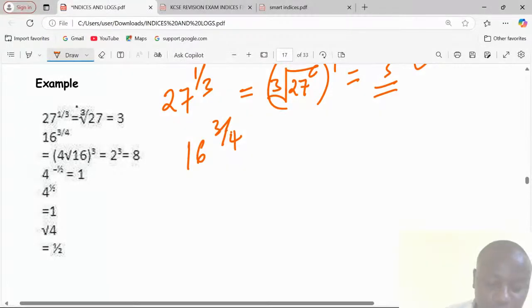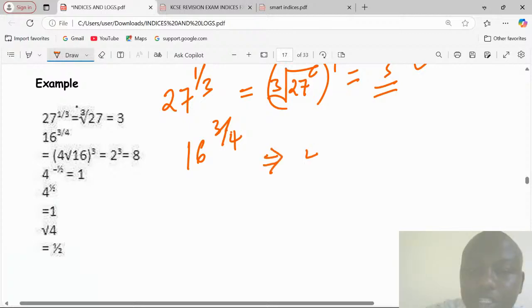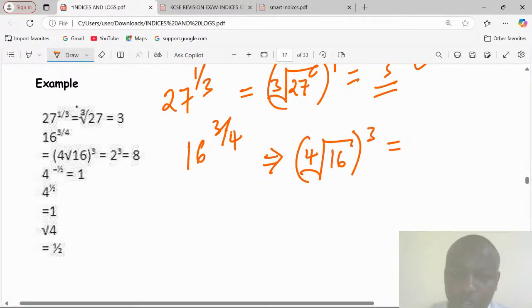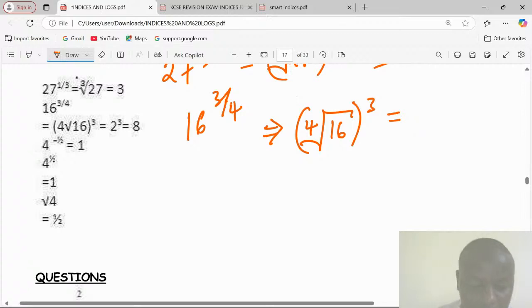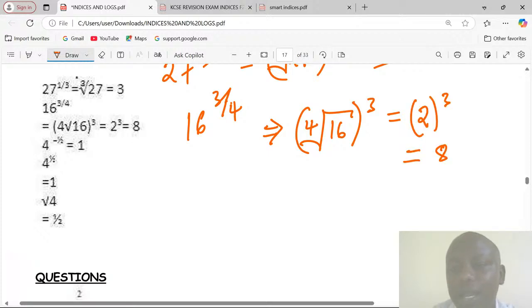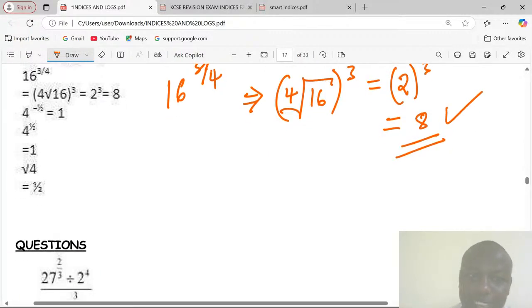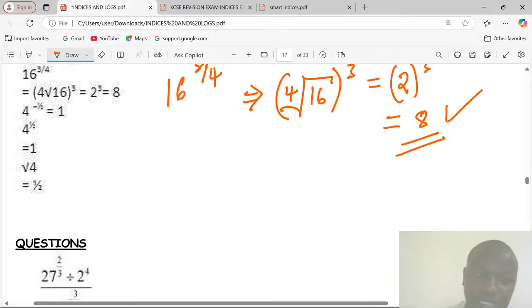That means we take the fourth root of 16, then now everything has to be cubed. The fourth root of 16 is 2, then 2 has to be raised to power 3. And this is going to give us an answer equivalent to 8. So that is it.